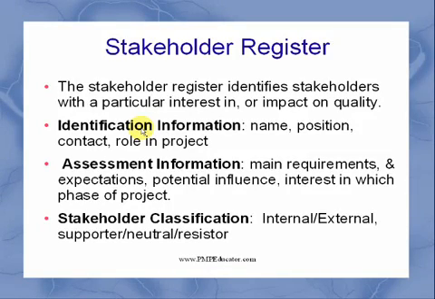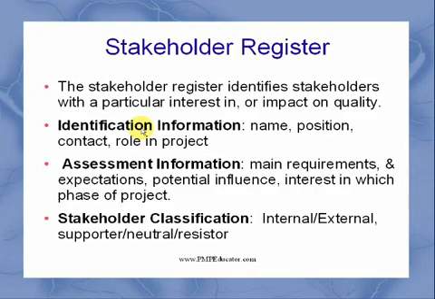In the beginning, in the planning phase, you want to identify your stakeholders so that you have a good idea about what exactly you want to build and what the user wants, or what the stakeholders are interested in. The whole idea of a stakeholder register is to identify stakeholders with a particular interest in or impact on quality. So whether they are interested in having a feature, or they have some impact on the quality of the final product.